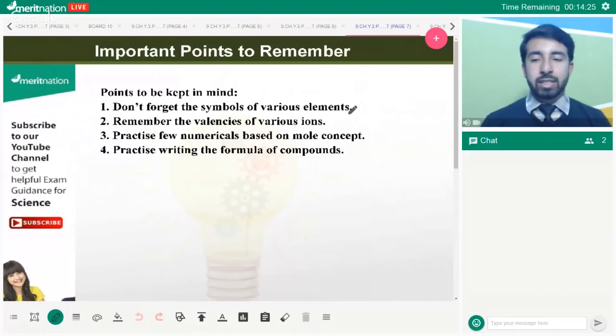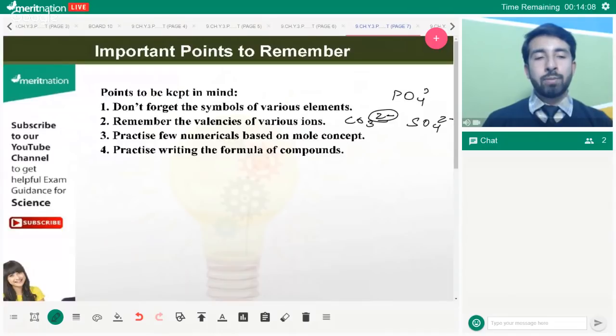The next thing is to remember the valencies of various ions, like carbonate ion, CO3 2 minus, with valency 2, sulfate SO4 2 minus, and PO4 3 minus. Avogadro was a scientist, Somnath. So you have to remember the valencies of these ions.